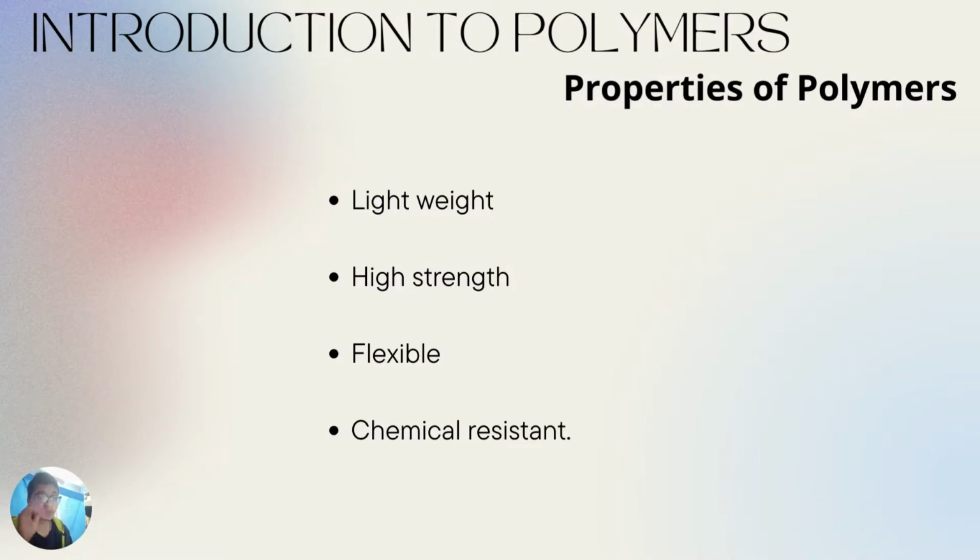The best example that you can take which contains most of these properties is the plastic chair present at your home. It's lightweight, yes or no? Yes. But it has high strength, yes or no? Yes. It is also somewhat flexible. When you try to stress it, it bends. Moreover, it is resistant to chemicals. For example, when you apply Dettol to your skin, it burns, obviously.